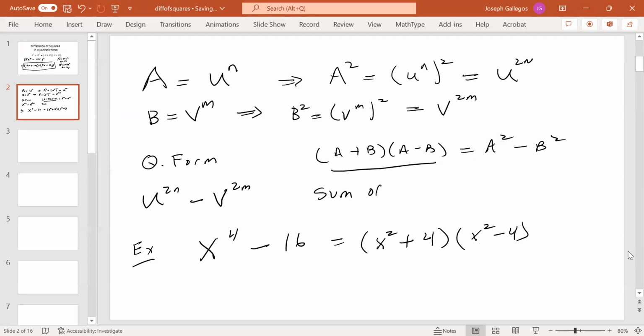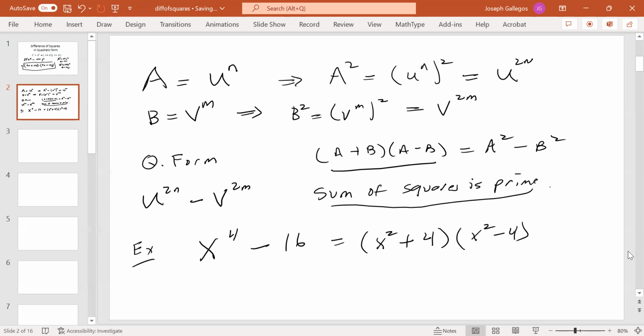The sum of squares is prime over the reals, over the integers. But the difference of squares we can factor further.